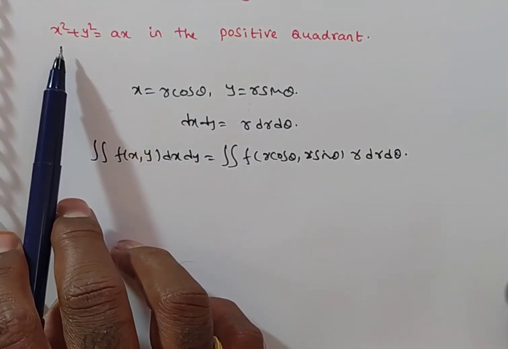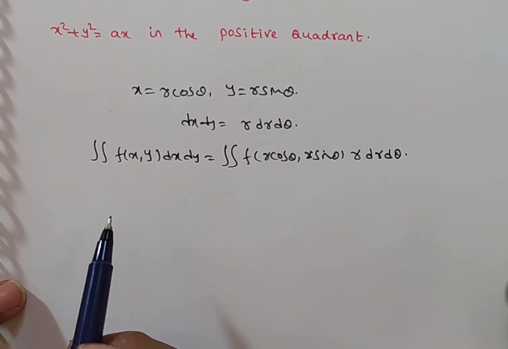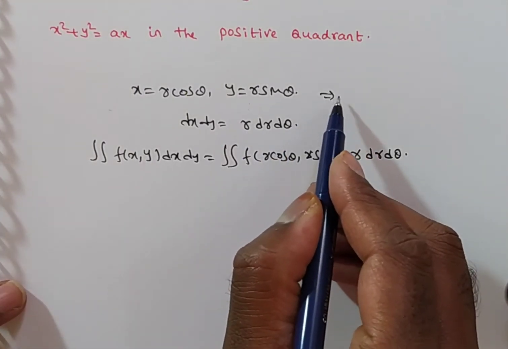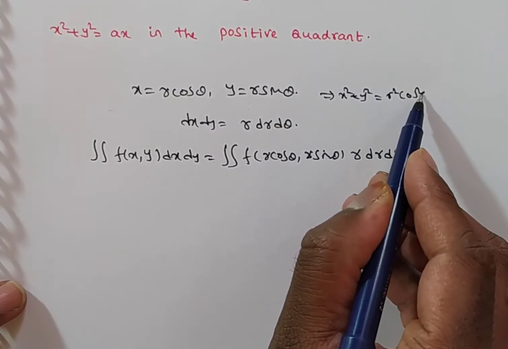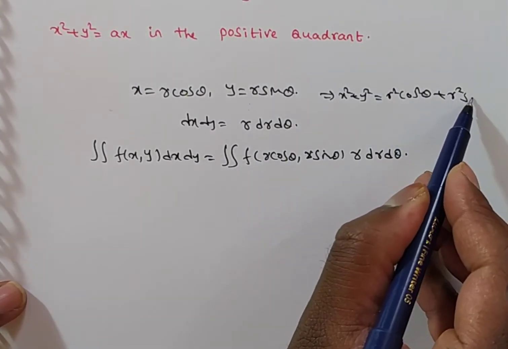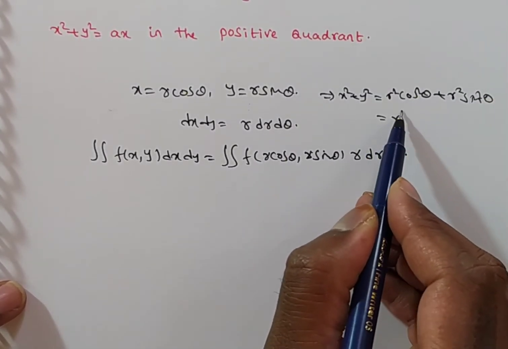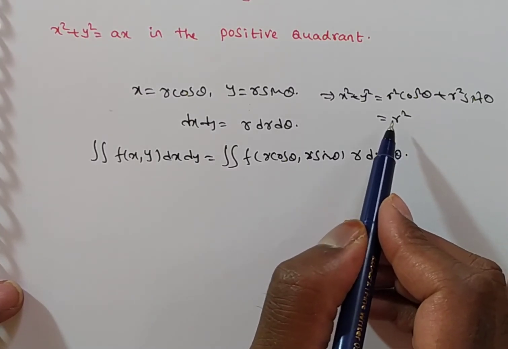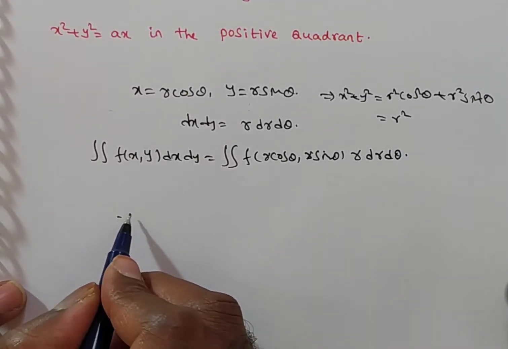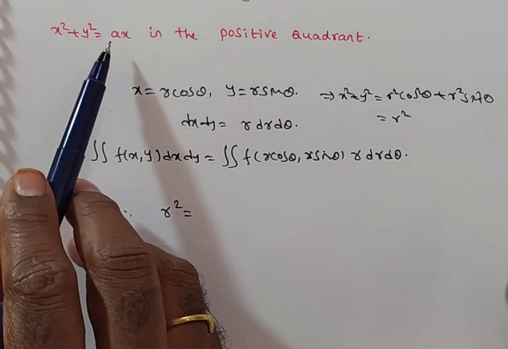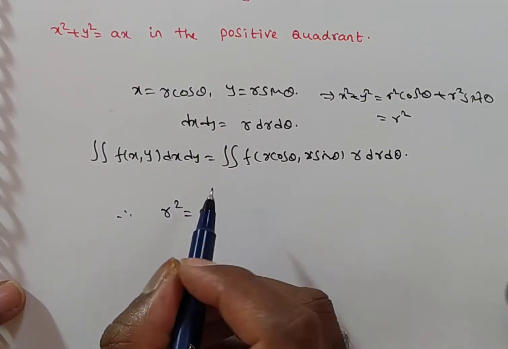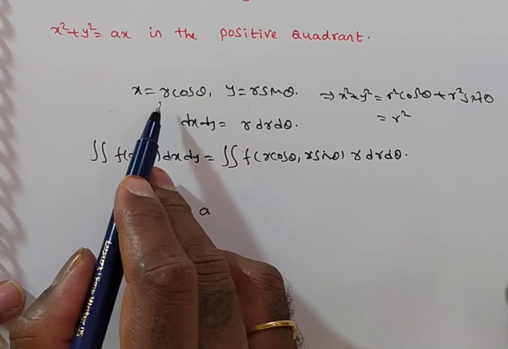See the region. The region is x square plus y square is equal to ax. From this, x square plus y square is r square cos square theta plus r square sin square theta. Taking r square common, cos square theta plus sin square theta is 1, so the left side is r square. The right side is ax, that is a into x, and x is r cos theta.